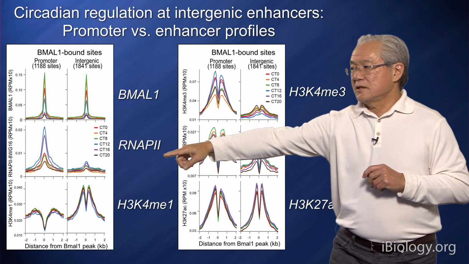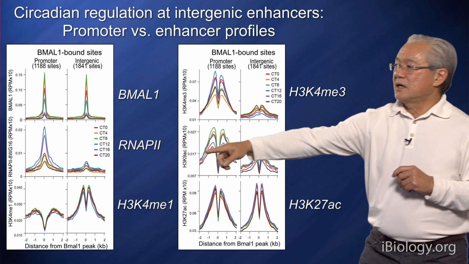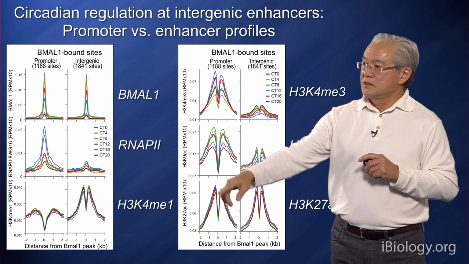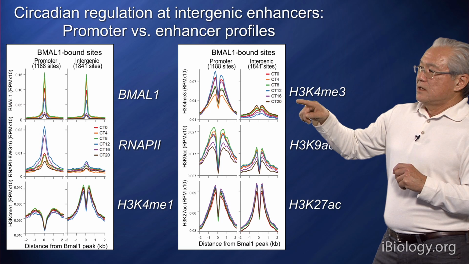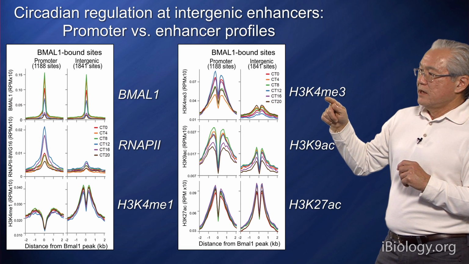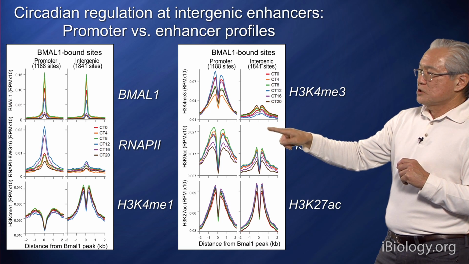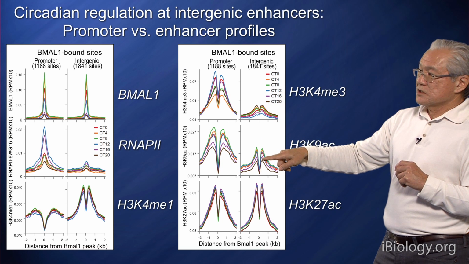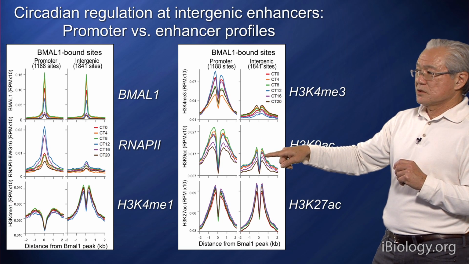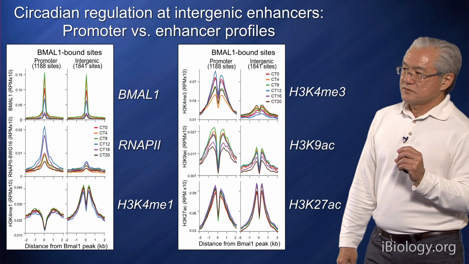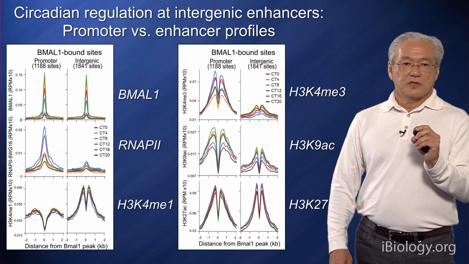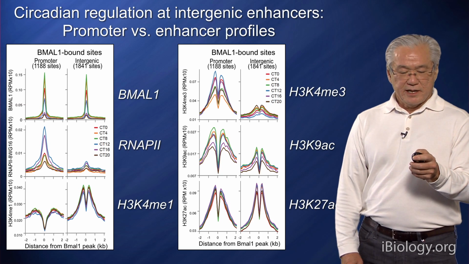Polymerase is cycling, of course, at the promoter, but also can cycle somewhat at enhancer sites. And then these two promoter activation marks shown here are cycling not only at promoters, but also at enhancers. So we're seeing this kind of circadian regulation not only at promoter sites in the genome, but also at intergenic enhancer sites.